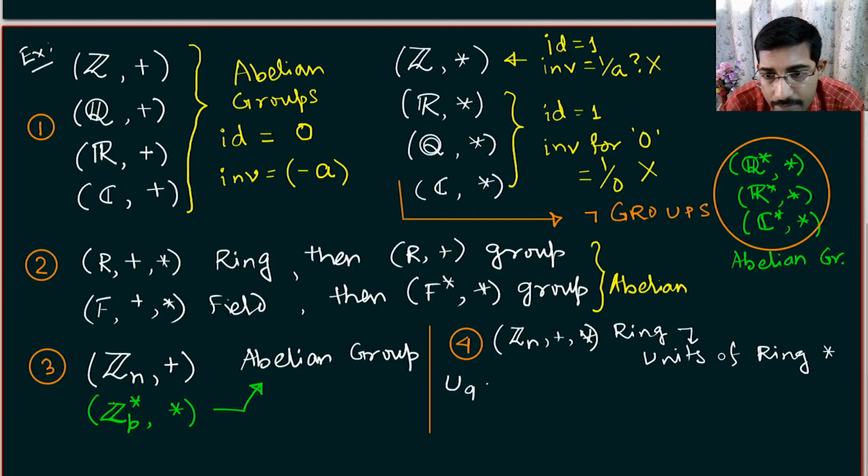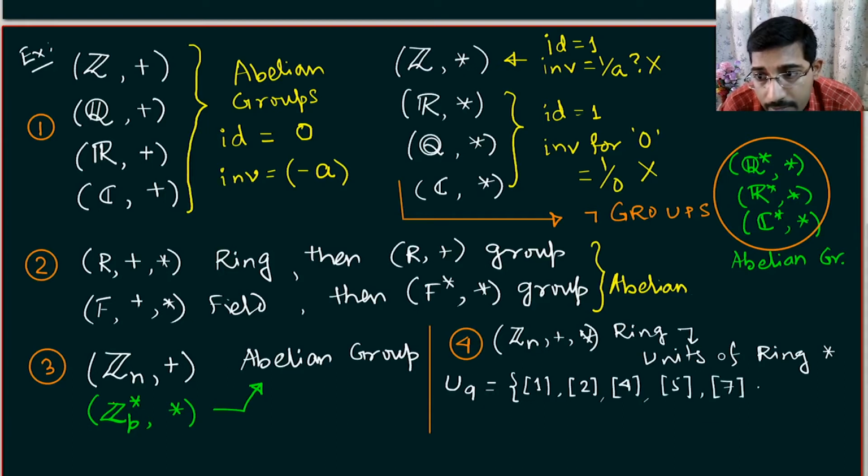The units for Z9 would be 1, 2, 4, 5, 7, 8. Why? Because these are the elements A such that the GCD of A and 9 is equal to 1.